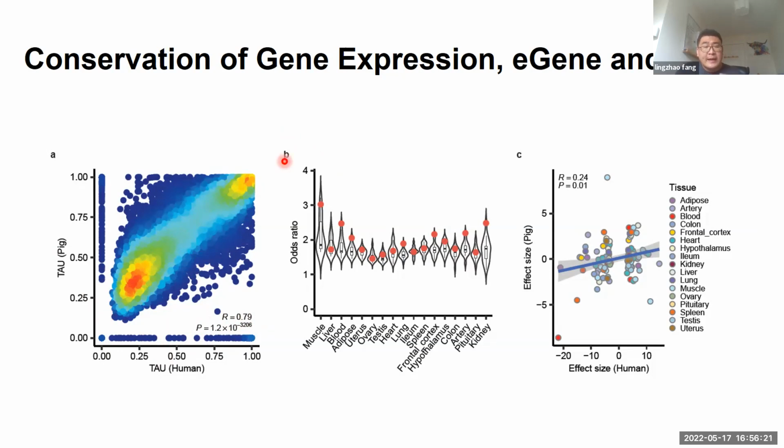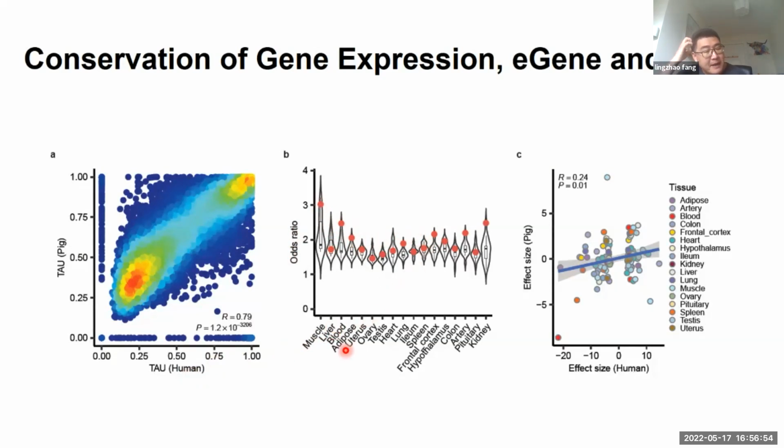And then we looked at the eGenes, whether the eGenes detected in the same tissue have more overlap with each other. In general, the red dot is a matched tissue. That's the enrichment of the eGenes detected in muscle in pig with the eGenes detected in muscle in humans. So in general, you can see the red dots were located at the top level.